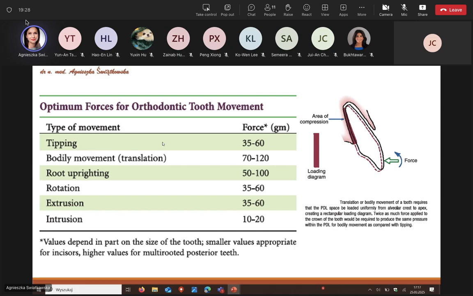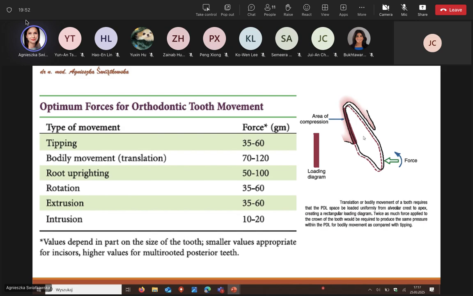The simplest kind of tooth movement is tipping. What does tipping mean? When I push a crown, like here, the crown goes backward, but the root goes forward.